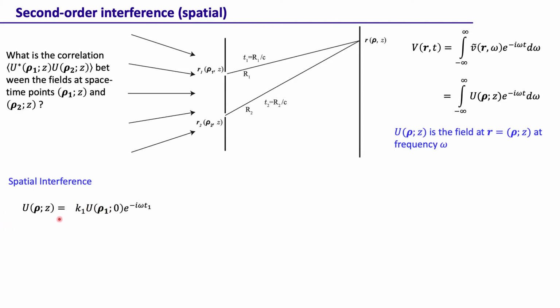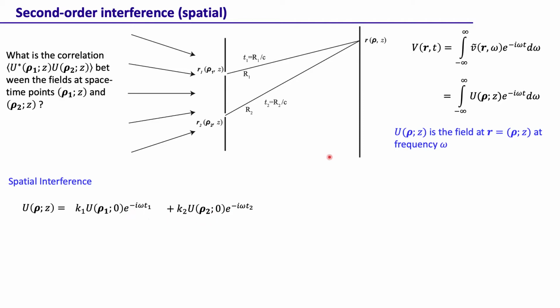Now the field amplitude at rho z, that is the observation point, will have a component from the field at rho 1, 0, which is the z equal to 0 point here, and this is the z equal to z point. Of course this has e to the minus i omega t1, because that's the time it takes for light to get here. So that's the phase factor it will get. K1 is just a geometric factor because of the size of the slit and how much the diffraction and so on.